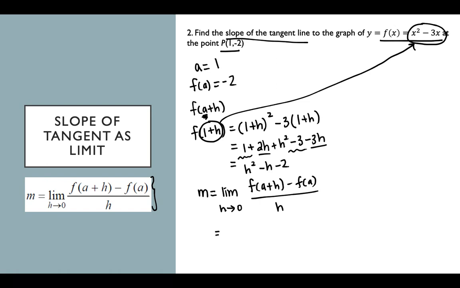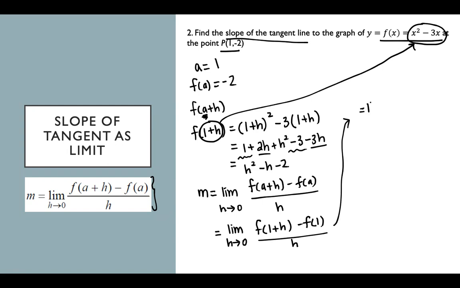Now every time you write the equation, you have to state the limit until you plug it in. Okay, so we know it's going to be 1 plus h minus f at 1 over h, right? So therefore, limit h approaching 0.